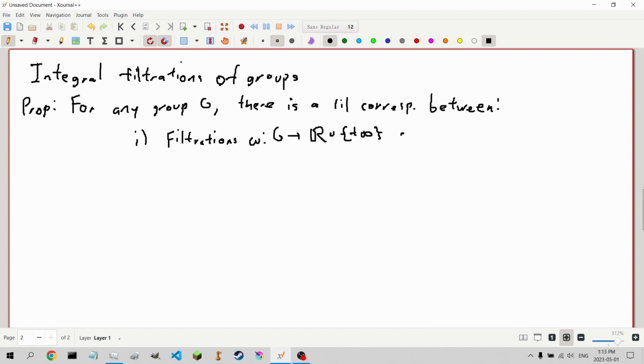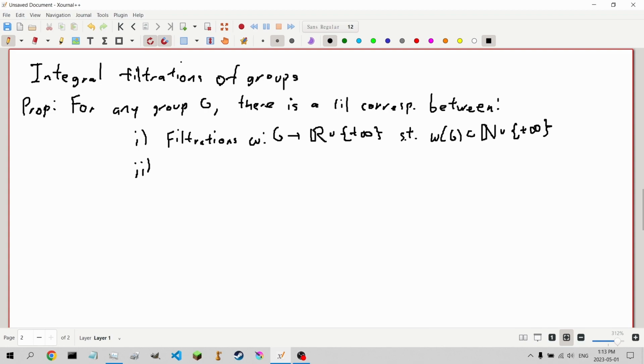And these are going to be integral filtrations. That is, the image of our group, when it is a real number, is going to be a natural number, as you would expect. Not as you would expect, that is something you explicitly have to construct.